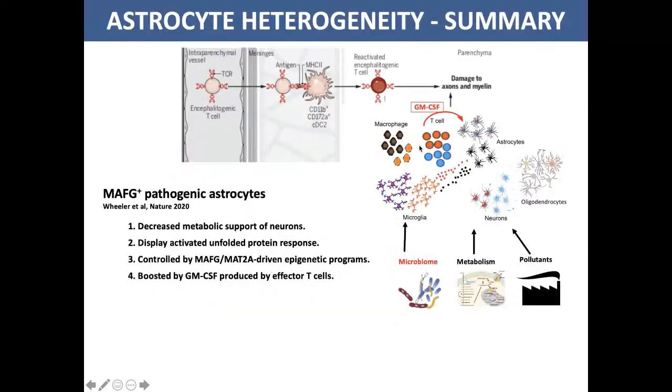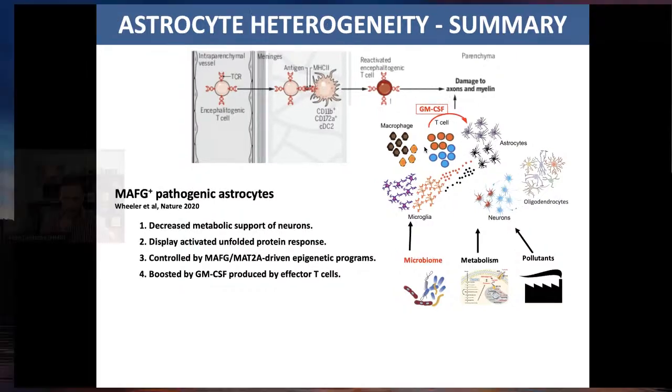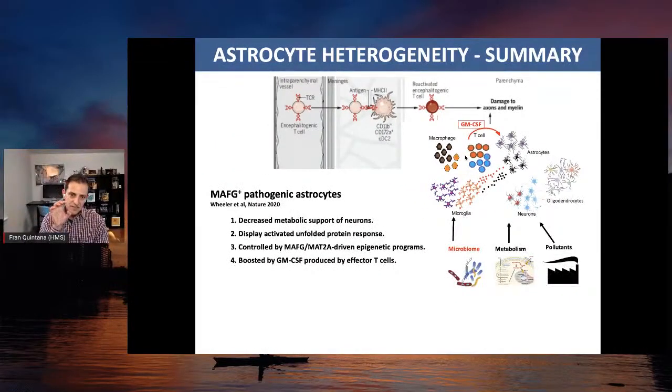So this is a clear example, and I want you to keep that little line of thought with you, that some T cells, or some cells recruited from the periphery, can signal to astrocytes via the production of specific molecules such as GM-CSF in order to control the differentiation and drive their polarization into highly pathogenic subpopulations.